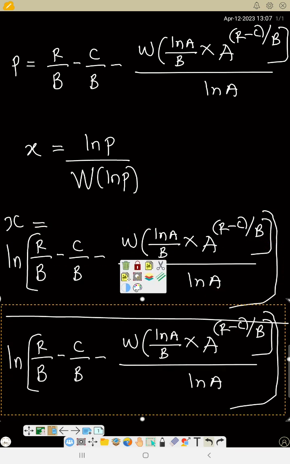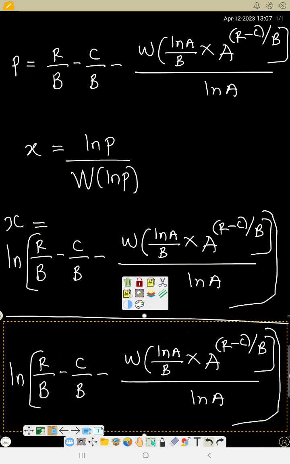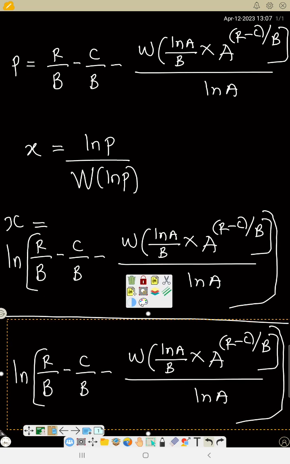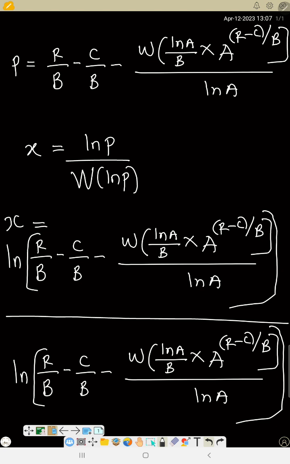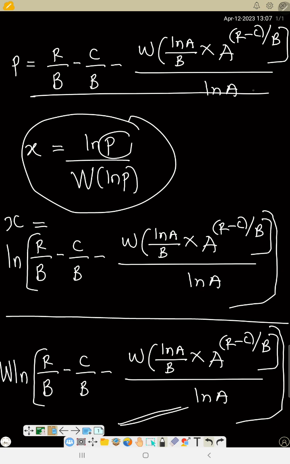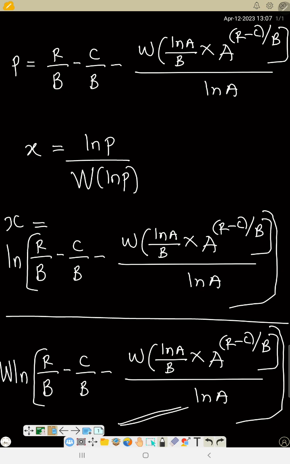So bring it down again, divided by W ln P. So I'll have my W here, W ln P. So this is the value of X. So we have solved. We have made S the subject of the formula like this. Or you just stop here and say where P is this anyhow. So I just replace P back. So I've made S the subject of the formula.